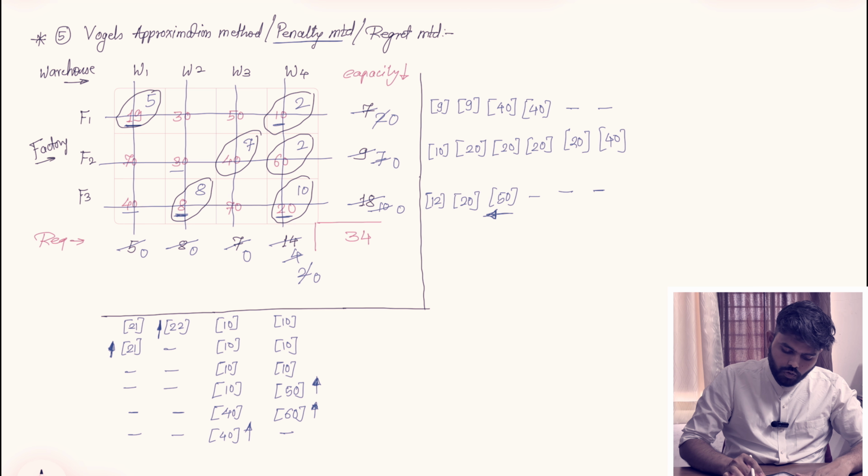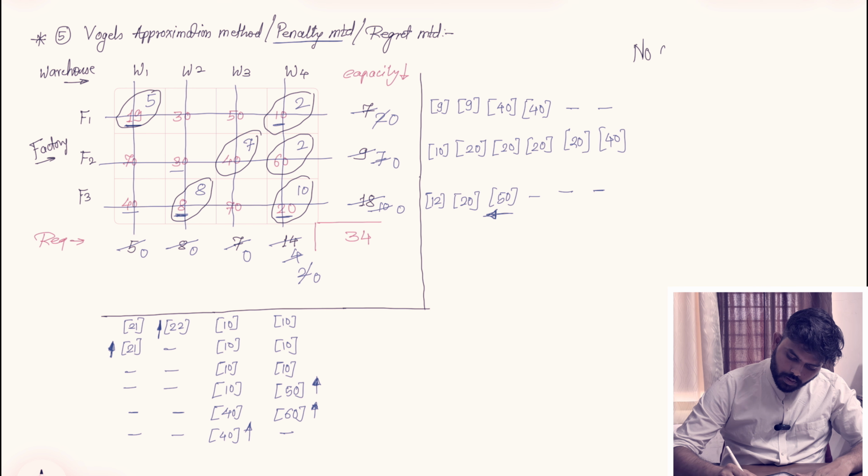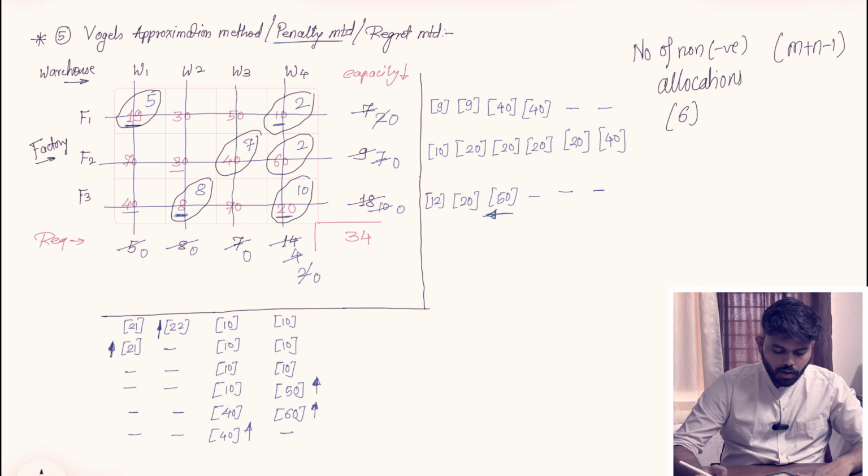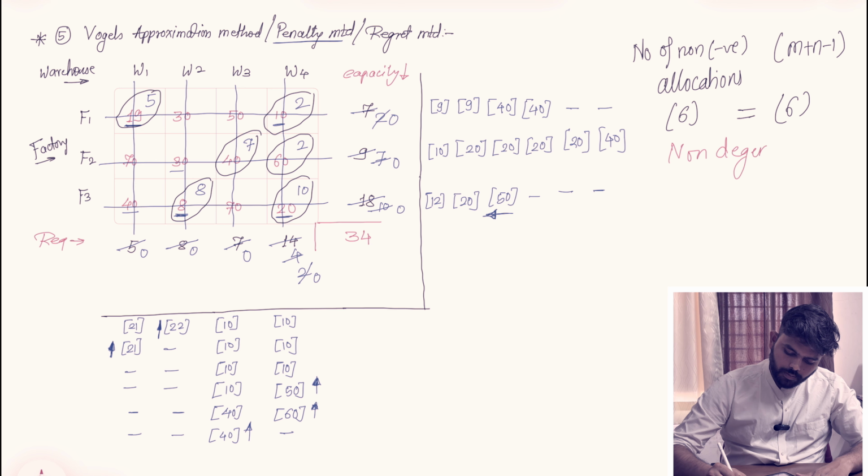So we can write down the number of non-negative allocations, which is 6, and m plus n minus 1, which is number of rows 3 plus number of columns 4 minus 1, that is 6. Both the values are the same, therefore the solution is a non-degenerate basic feasible solution.